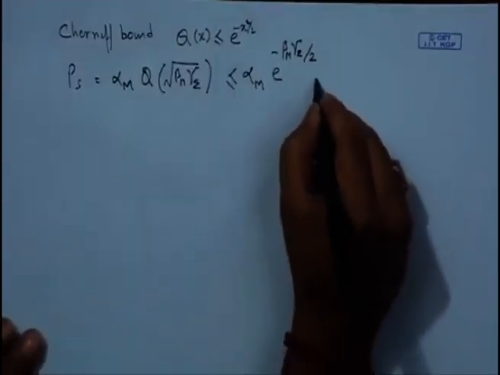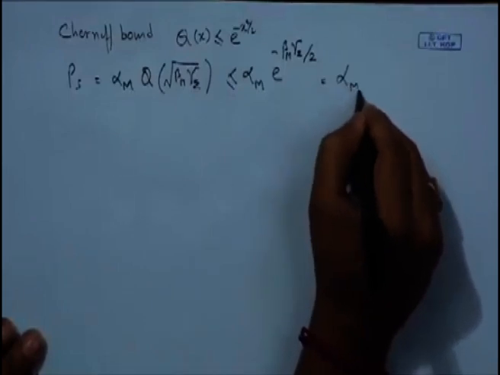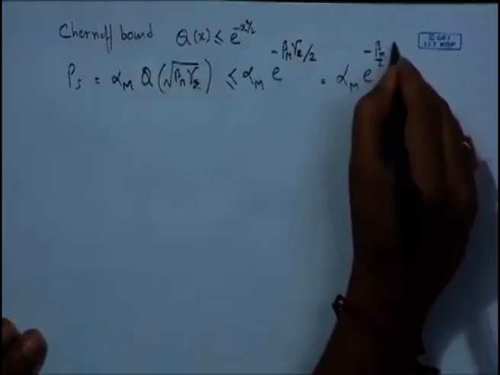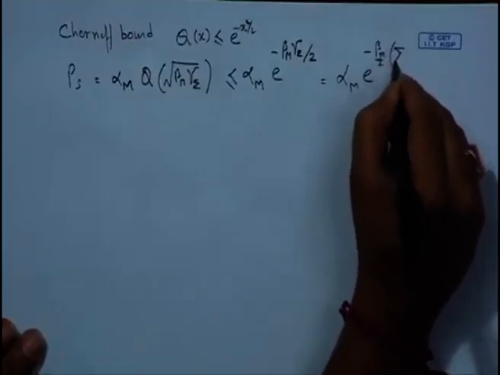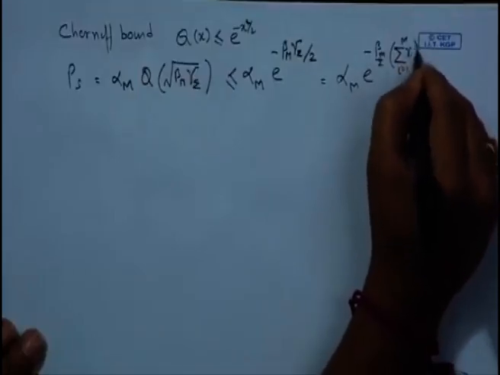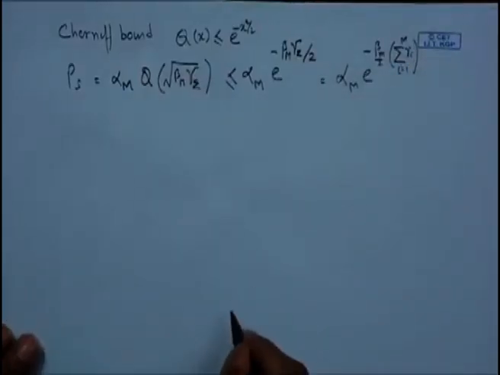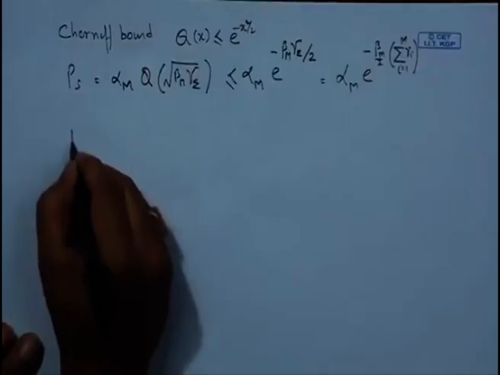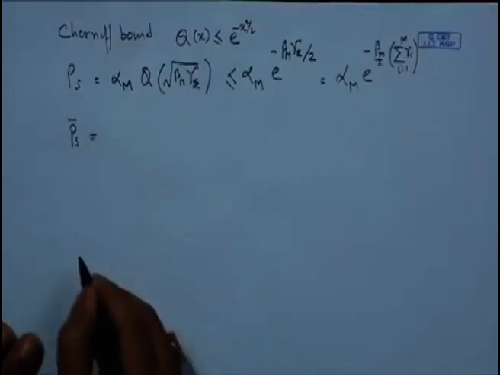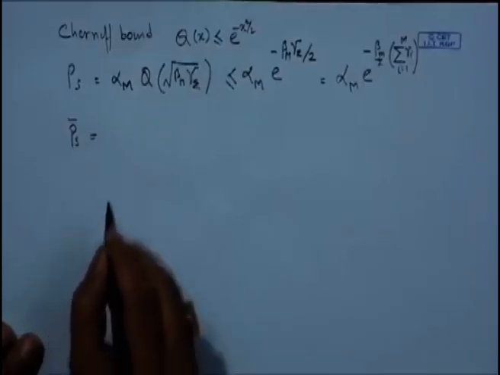And in our case, this is equal to alpha m e to the power of minus beta m by 2 gamma sigma, and this gamma sigma that we have written is basically the summation from i equals 1 to m of gamma i, where gamma i is the SNR experienced by each branch. As usual, we are going to calculate the PS, that means average probability of error, for MRC.